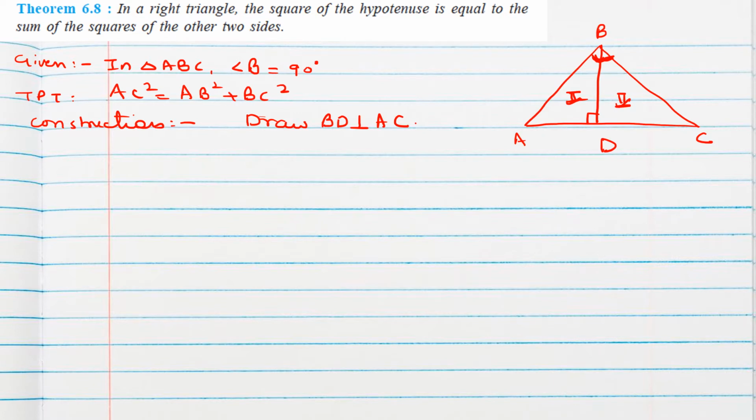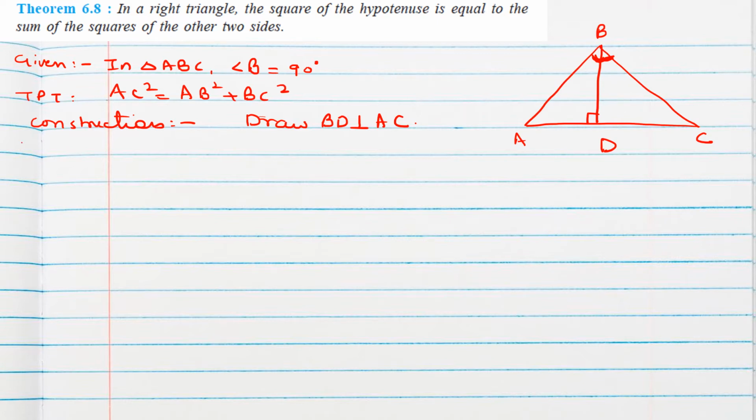Theorem 6.7 says that these two triangles will be similar to each other, and then they will be similar to the original one also. Means triangle 1 will be similar to triangle ABC, and triangle 2 also will be similar to triangle ABC. So this result will be used here to prove Pythagoras theorem.